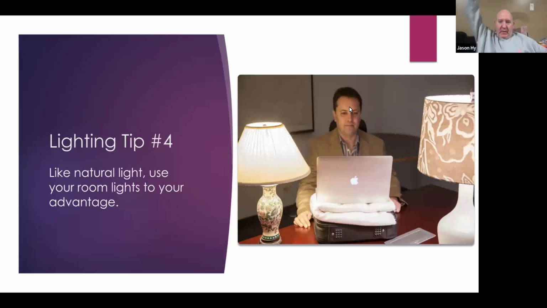So especially if the room light is directly over the person's head, it may be casting shadows on their eyes, under their nose. You bring an additional light source in, that'll fill in the areas under their eyes, their nose, maybe their chin, and give it a more naturally even look. So if you could bring in any extra light source to help you out and enhance your lighting quality, I would go ahead and do that.